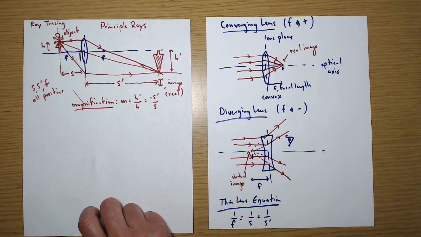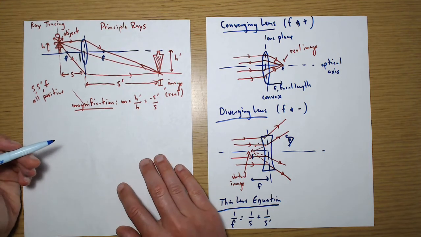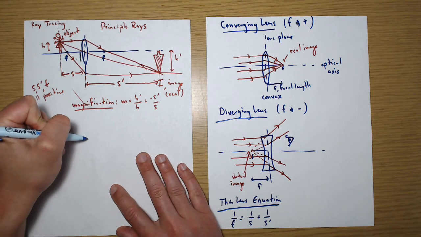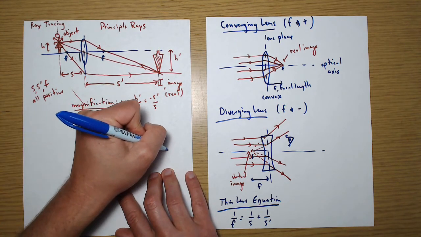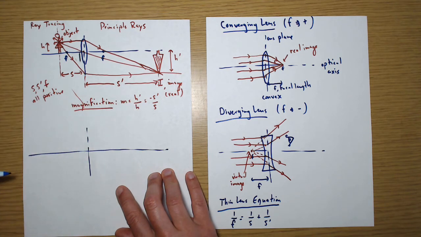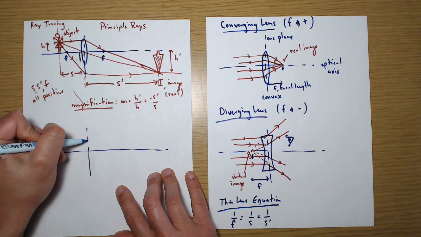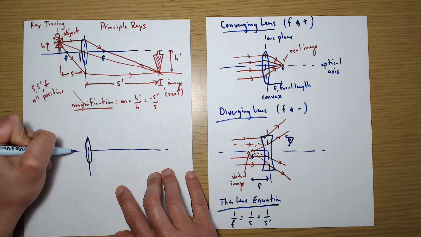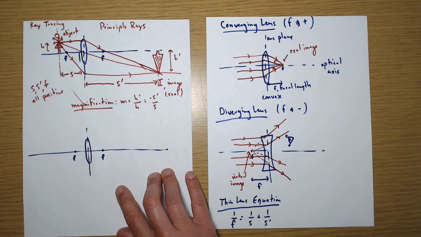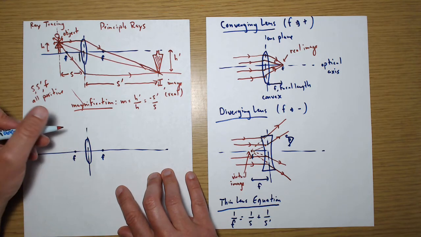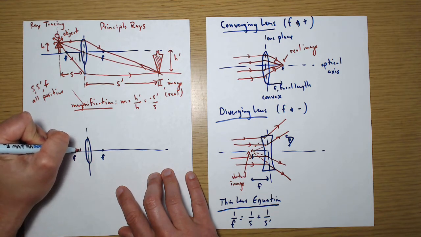Okay, so let's look at another example. I'm going to use the same lens. Okay, but this time, I'll make the focal length a little bit smaller. How about that? Smaller focal length. But this time, I'm going to put the object inside.